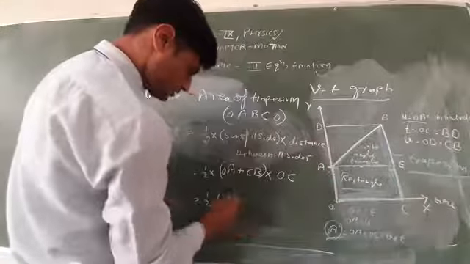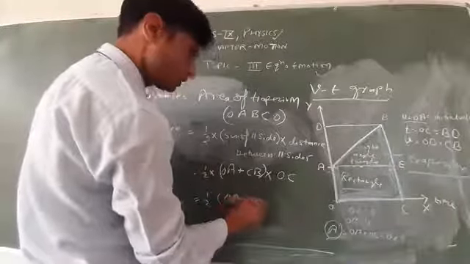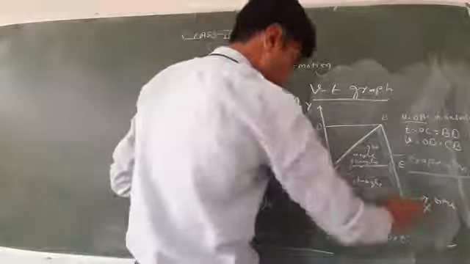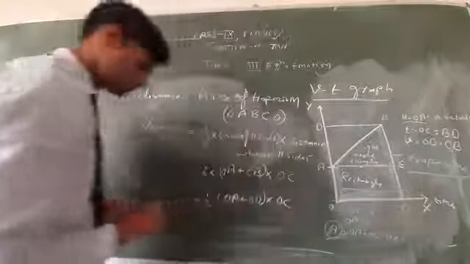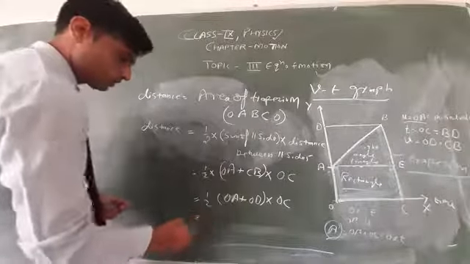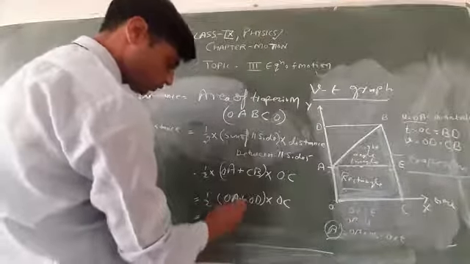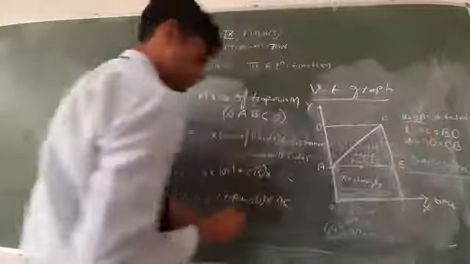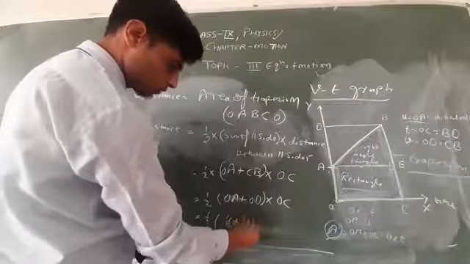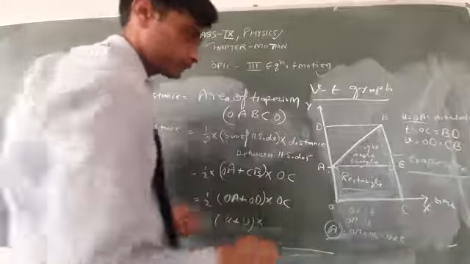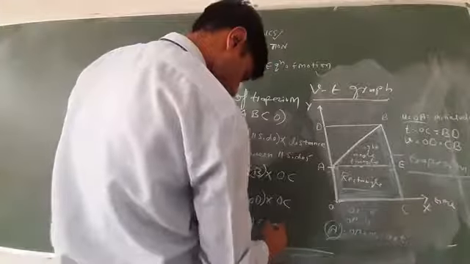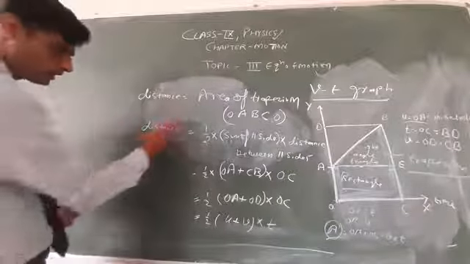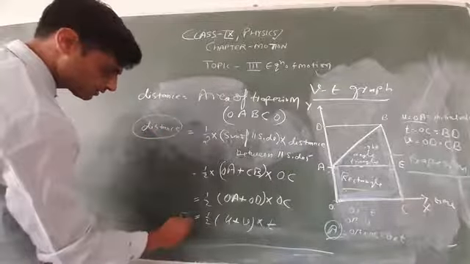So you can write OA plus OD and this OC. By putting the values, OA is equal to u, OD is equal to v, and OC is equal to t, and the symbol of distance is s.